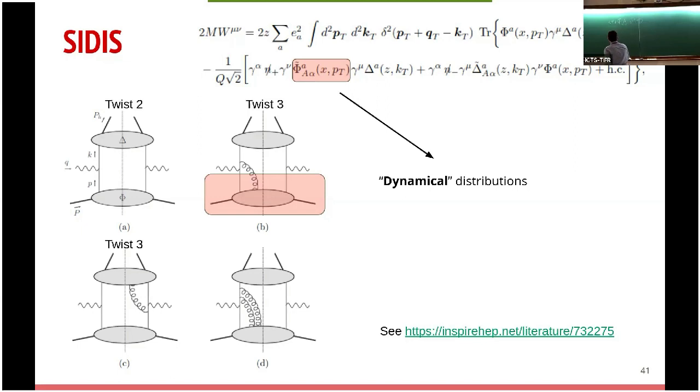And you can do the same for the hadronization part. So you can have free parton correlations also in the hadronization part. So you have something like this. You have a psi bar and A, and then you have the intermediate states with the measured hadron.